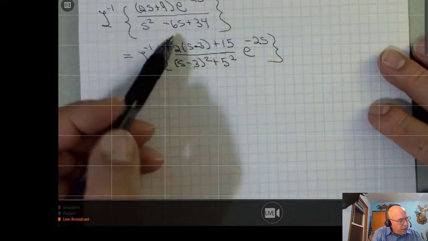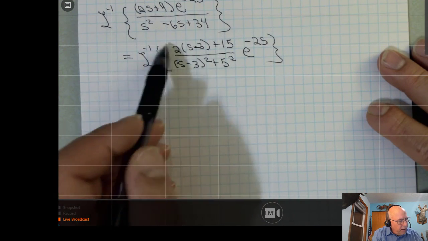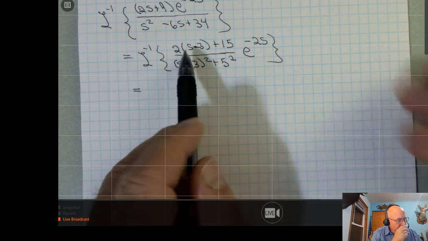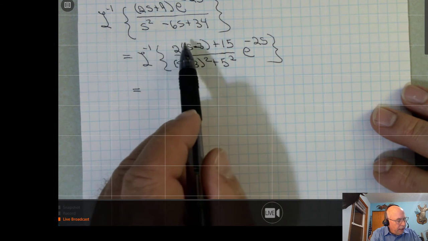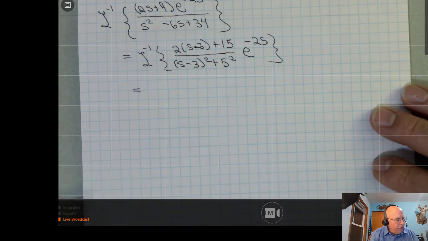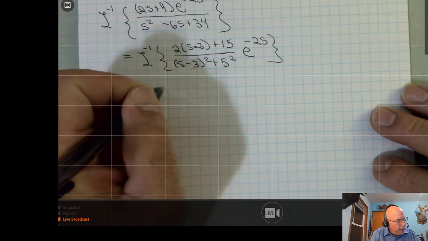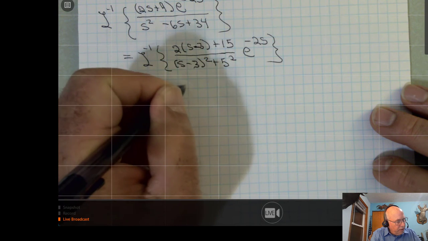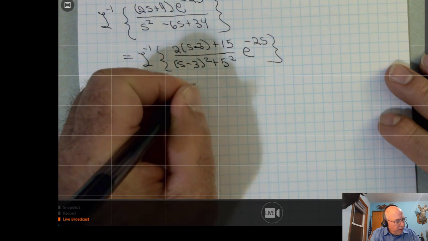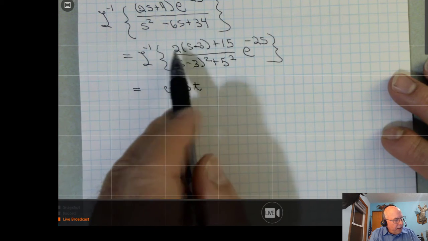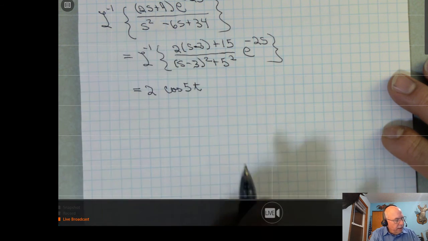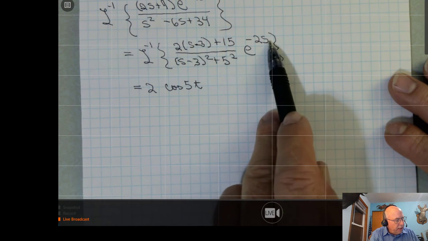All right, now just look at this part here, neglecting the 15. Assuming now this were just s over s squared plus 5 squared, that would have inverse transform cosine of 5t. However, I've got a 2 here, and I have e to the minus 2s here.